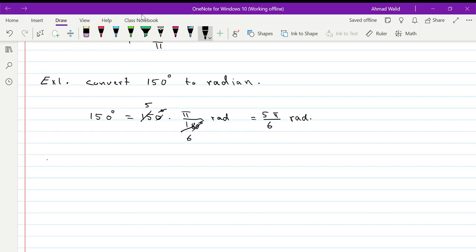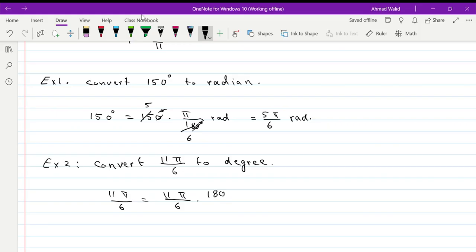Next one, example number 2. Convert 11 pi over 6 to degree. I will multiply my radian, which is 11 pi over 6, with, I'm sorry, 180 over pi.